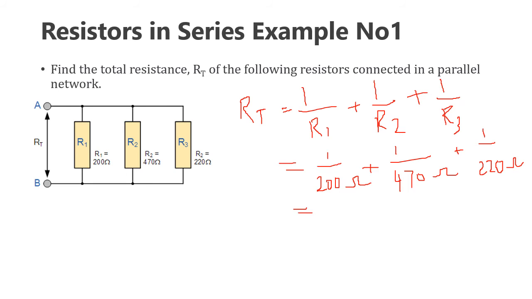So the total is 1 upon 0.0117 ohm, that will be equal to 85.67 ohm approximately. So I hope you are clear with this basic example. Let's move on to another one.